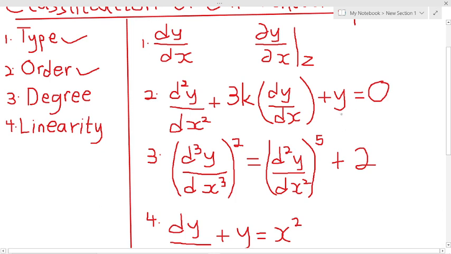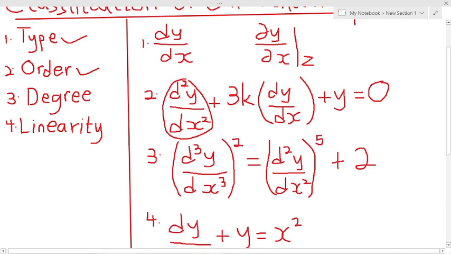Our y is our dependent variable, and it has its first derivative, which is dy/dx, and the derivative of this derivative, which is d²y/dx². The order here is the highest derivative in this equation, in our case this. So d²y/dx² becomes the highest order in the equation. So this equation will be known as a second order differential equation.